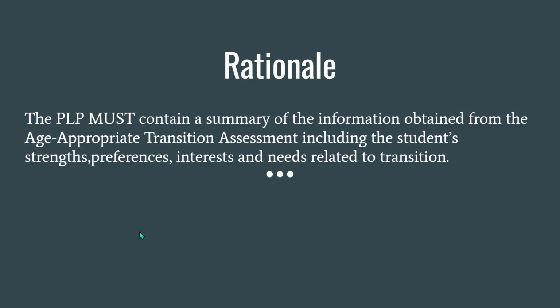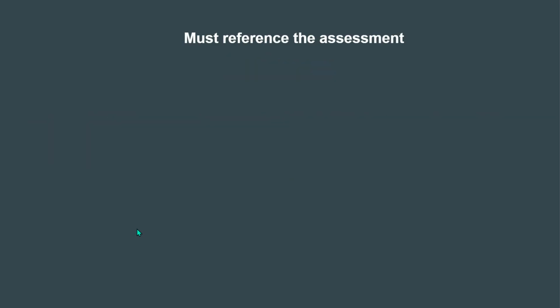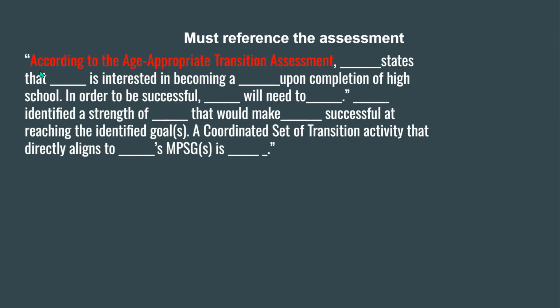Overall, we're making sure that we are writing a summary of the transition information from our age-appropriate assessment. The first thing that must happen is we must reference the assessment that we used. That is why you'll notice here in red, we start our template statement with "according to the age-appropriate transition assessment."